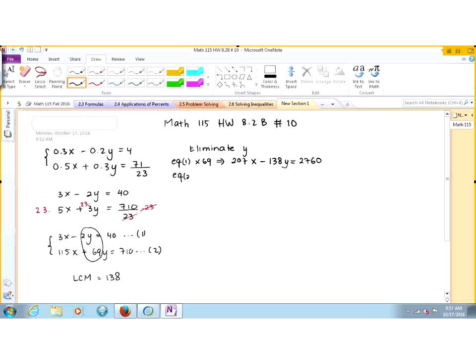Yes. How about equation 2? We multiply by what? By 2. Yes. So 230x plus 138y is equal to 1420.